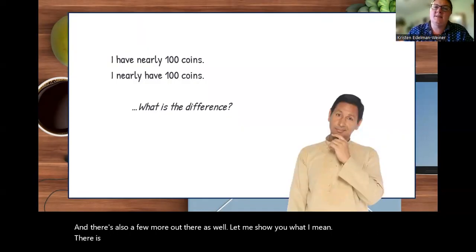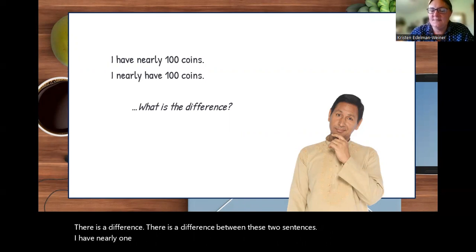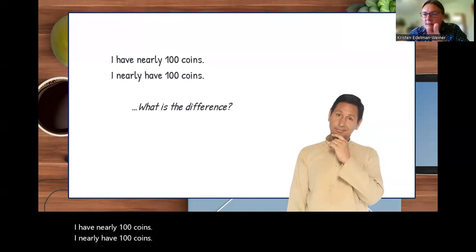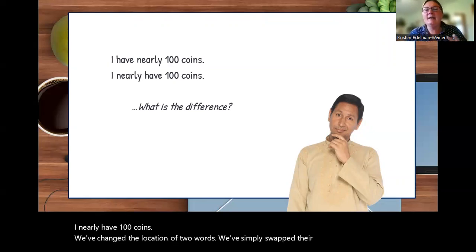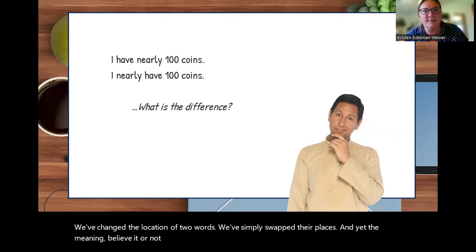There is a difference between these two sentences. I have nearly 100 coins. I nearly have 100 coins. We've changed the location of two words. We've simply swapped their places. And yet the meaning, believe it or not, is really different.